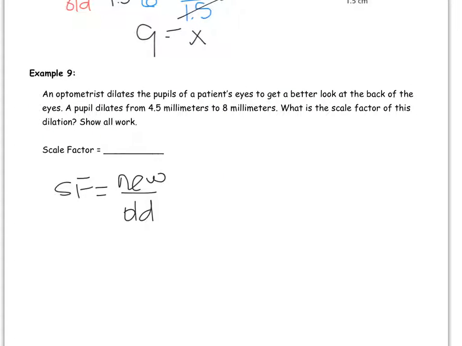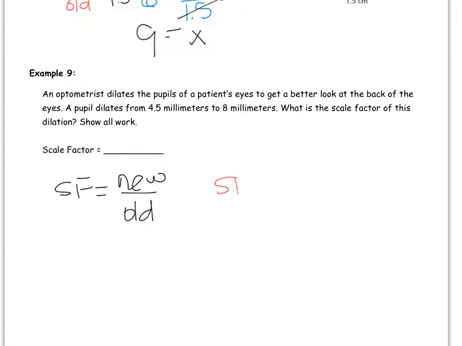All right, an optometrist dilates the pupils of a patient's eyes to get a better look at the back of the eye. A pupil dilates from 4.5 millimeters to 8 millimeters. What is the scale factor of this dilation? Show your work. So we started at 4.5, so that's my original. And then we went to 8 millimeters, so there's my new.